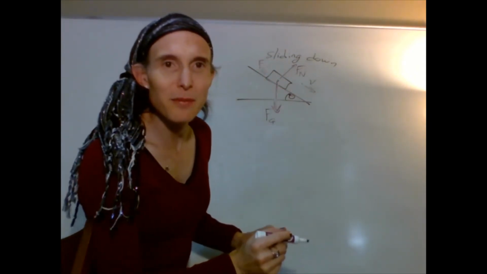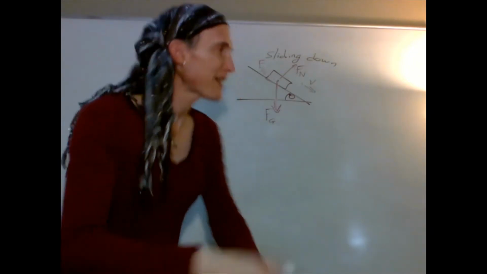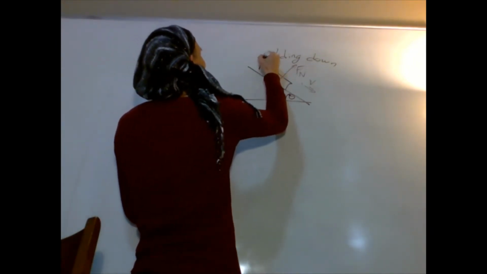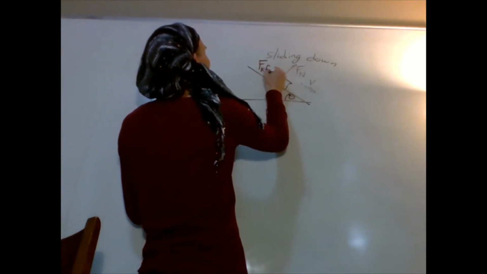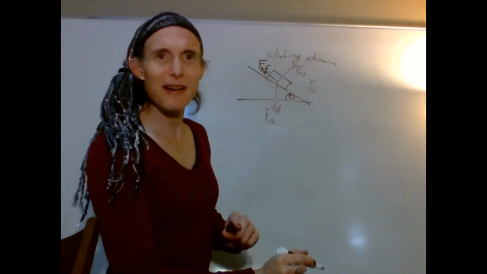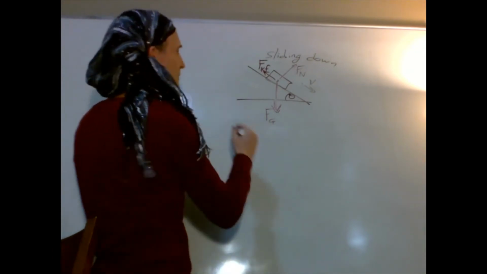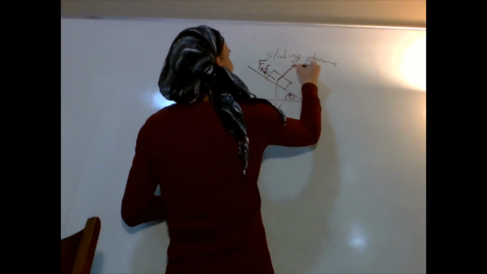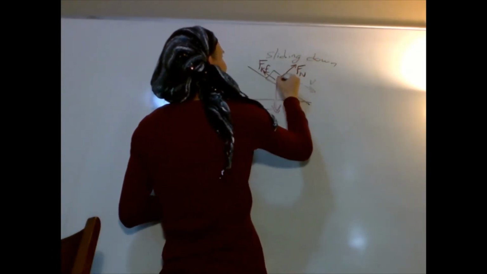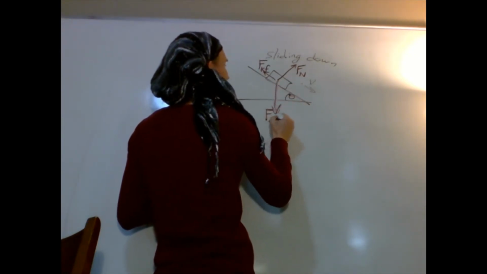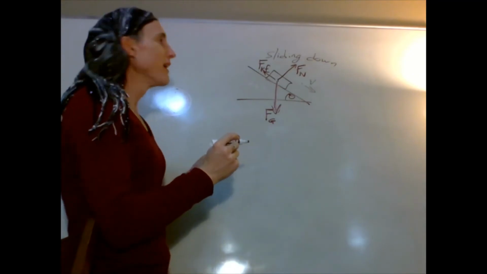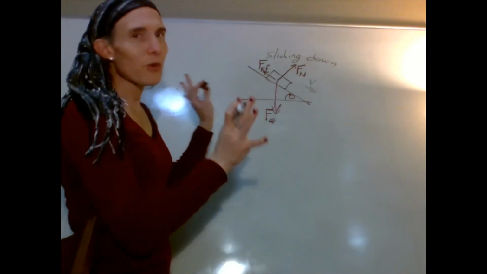That looks probably too small to read. Let me make it bigger and darker. Force of kinetic friction. Is that better? I hope so. Let me do that with these two. Normal force and force of gravity.